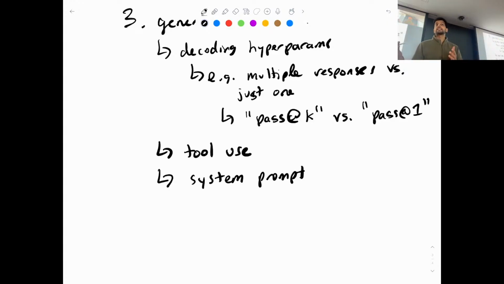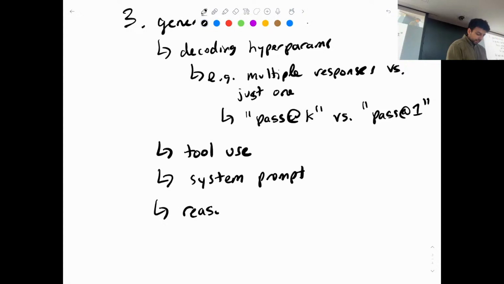And maybe the inclusion of that actually improves your performance on some data set. So, as a benchmark designer, you may want to standardize the system prompt that all of your models are using. In general, you want as simple of an instruction as possible, just so that model developers can't tune their systems to perform well on very specific system prompts.